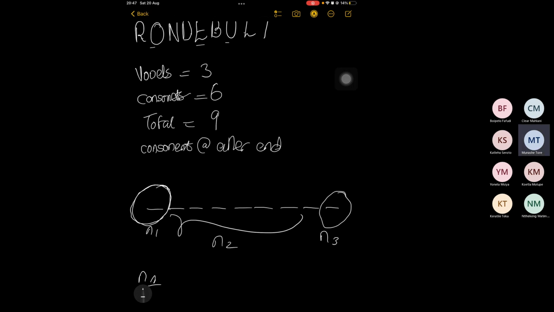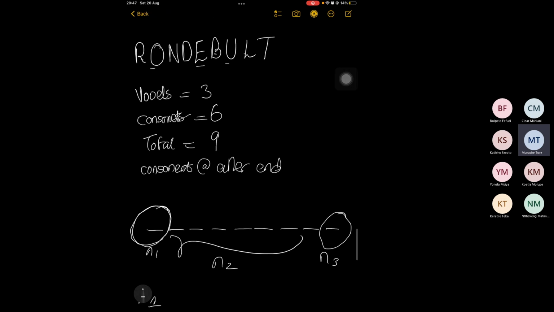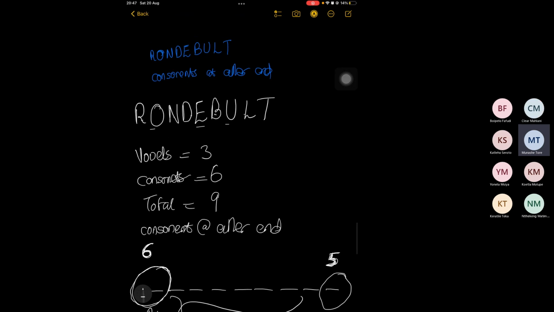We have 6 consonants here, then 5 consonants here.